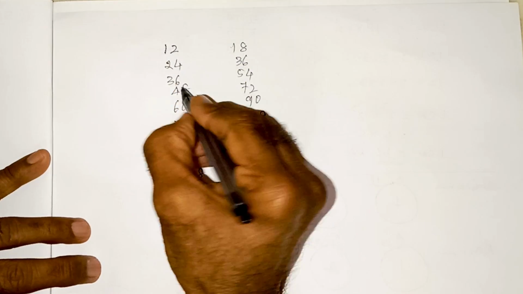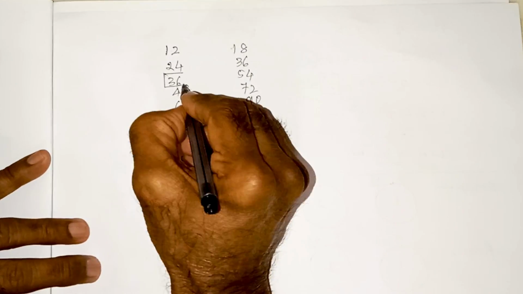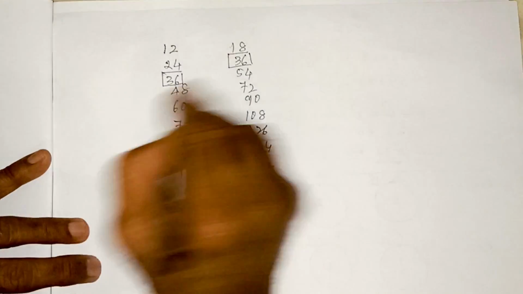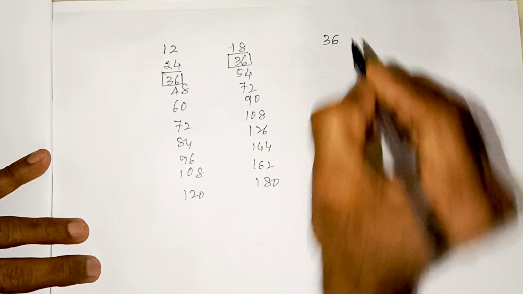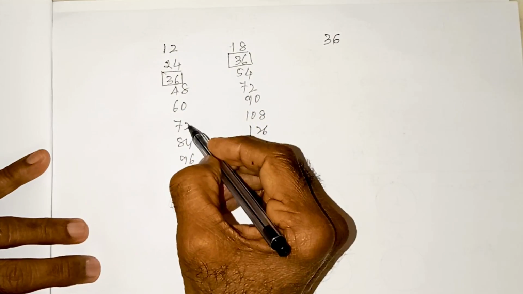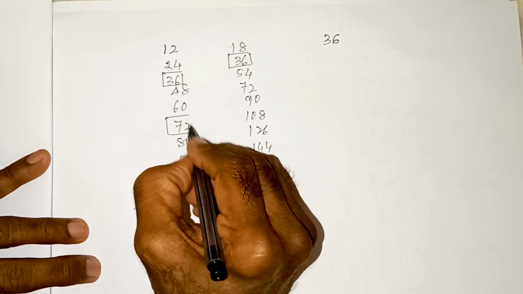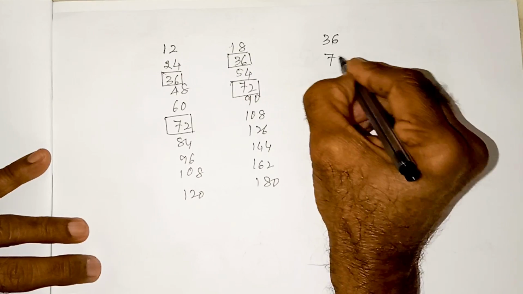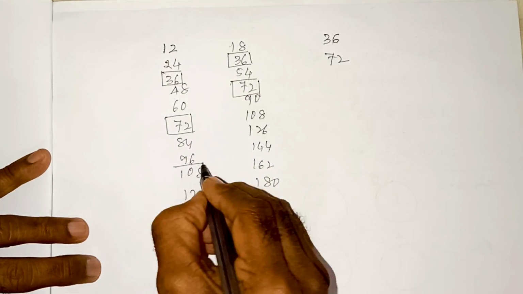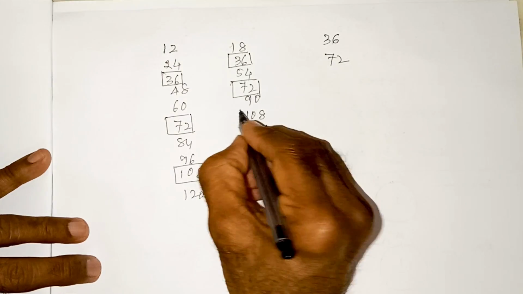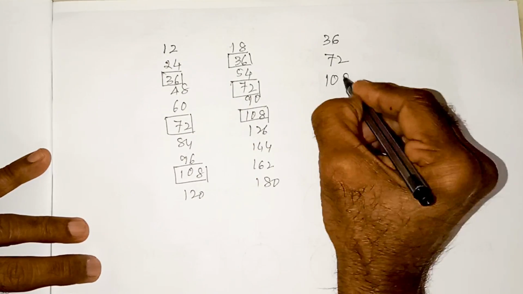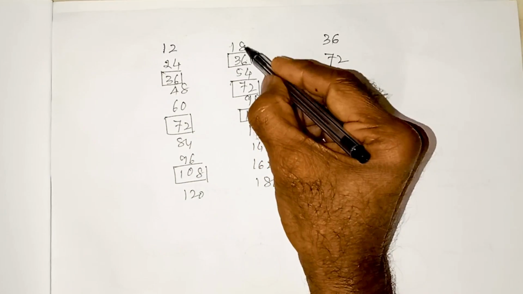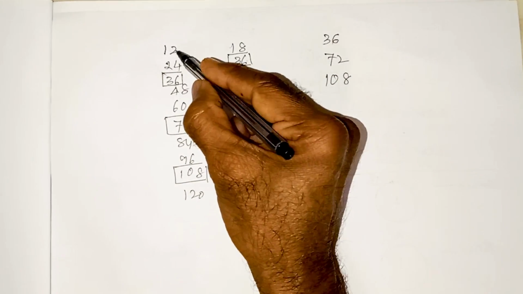In this table you have 36 and in this table you have 36. Let us write down separately. In this table you have 72. Here also you have 72. Again you have 108 here, which is common in both tables. You write down 108. Now these are the multiples of 18. These are the multiples of 12.